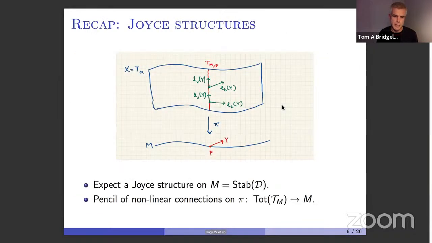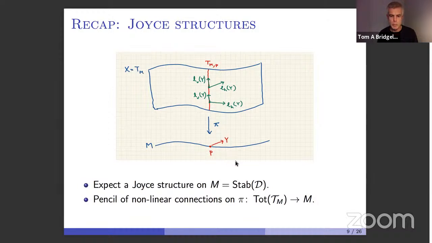Right, and remember, I'm just reminding you what we're trying to get out of this. We're trying to get this Joyce structure on the space of stability conditions. The main part of the data of that was a complex hyperKähler structure on the tangent bundle.